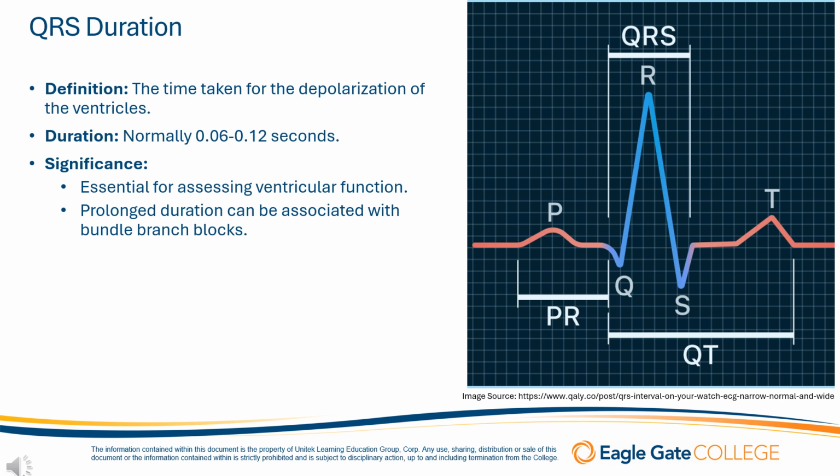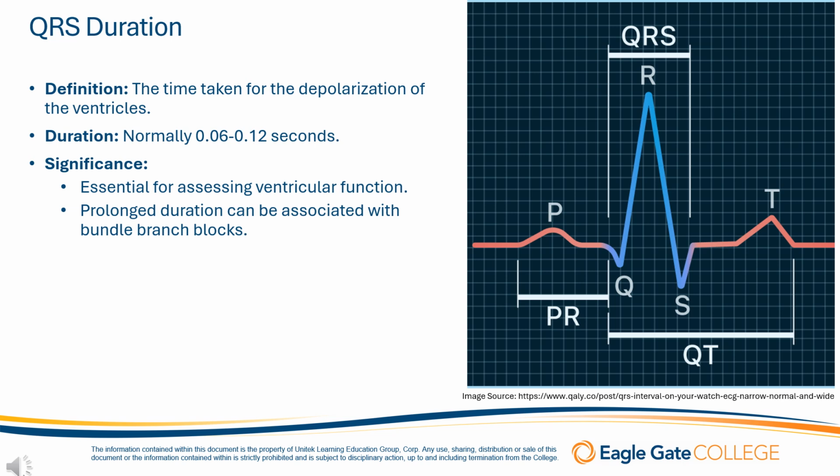So in right bundle branch block, the right ventricle depolarization is delayed, and this delay results in a prolonged QRS duration, often with a distinctive pattern on the ECG, such as an M-shaped or rabbit ears appearance in the V1 and V2 leads. In a left bundle branch block, the left ventricle depolarization is delayed, and this also results in a prolonged QRS duration, typically characterized by a broad, notched, or slurred R wave in the lateral leads.